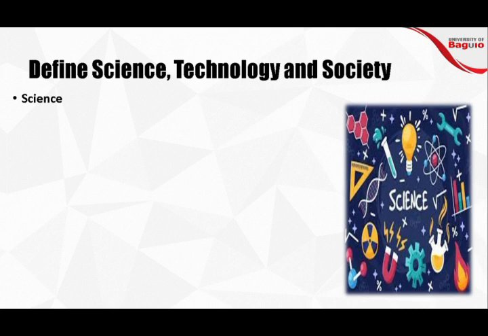Because when we go back to the study of the history of words, which is etymology, science came from the Greek word scienza, or scientia, which means knowledge. That's why we come up with a simple definition: a systematized body of knowledge.